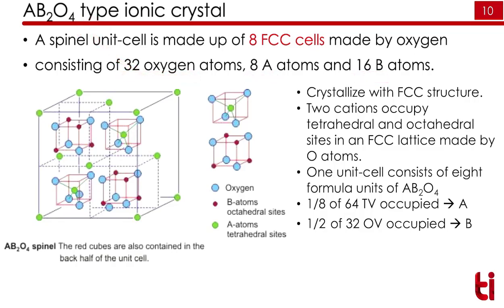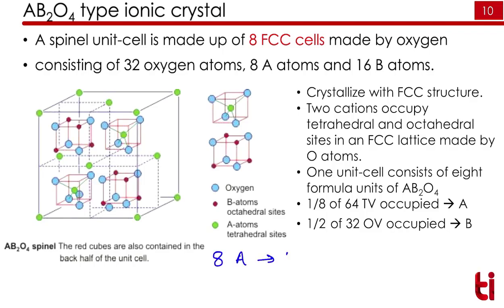So this crystallizes with an FCC structure, and here we have tetrahedral voids and octahedral voids. So 1/8th of the tetrahedral voids are occupied, because the tetrahedral voids are occupied by the A atoms. So we have 8 A atoms.